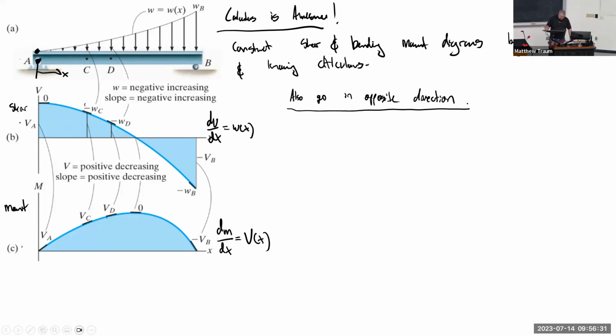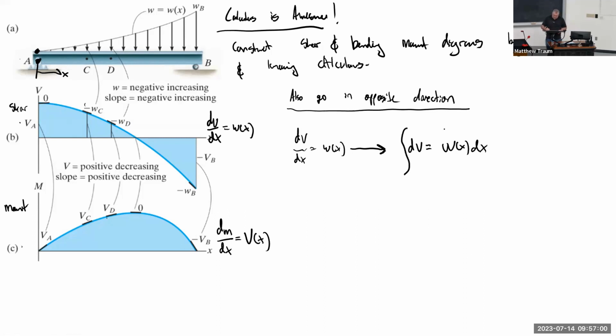So if we start out with dV/dx equal to w(x), this is my equation that connects the load on a member to the shear diagram of a member. I can do this, which is just taking dx to the other side of the equation.